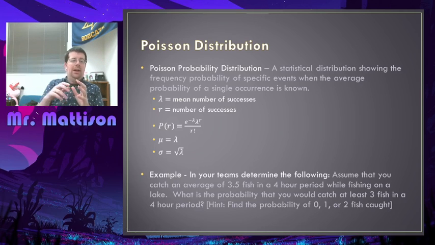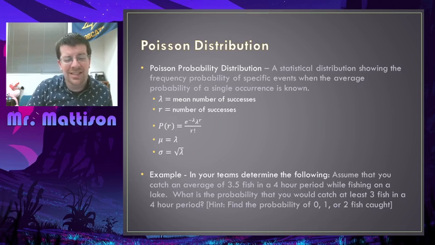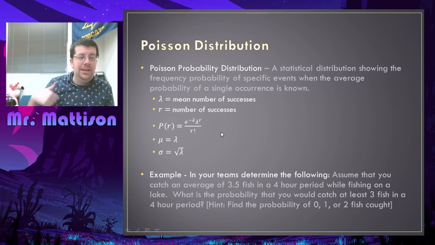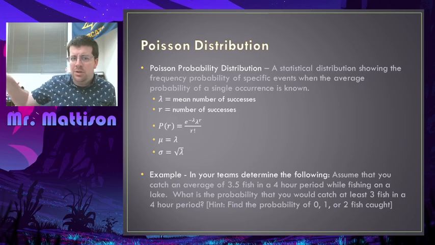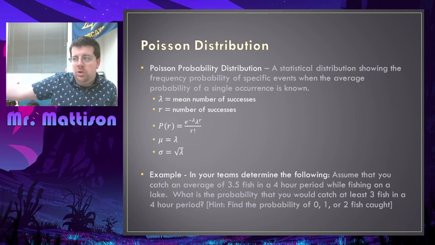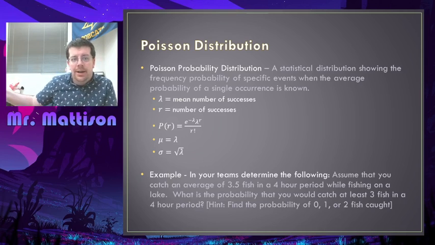But then I've got to find my probability of catching 4 fish. So I do the same thing, but plug in a 4 for my R. But then I've got to do 5 and 6 and 7 and 8 and 9 and 10, and you start to see the problem. I've got to keep doing this again and again for every number up into infinity, which I don't want to be doing because I want to do other things before I die, right?